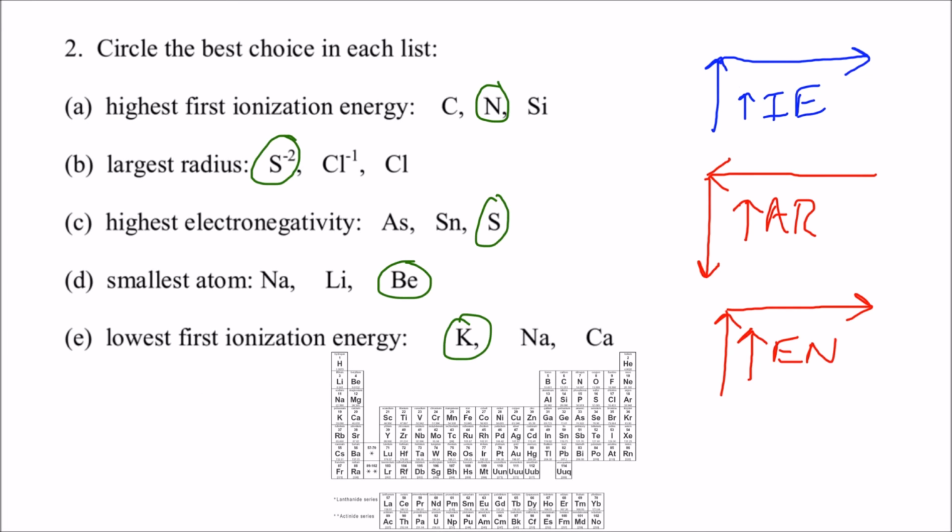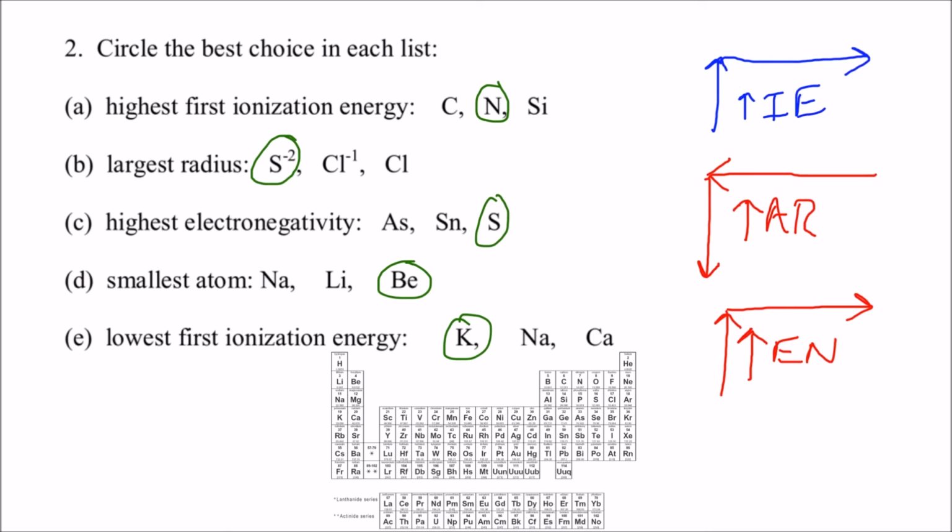Alright, here's what I've come up with. I did the trends here for increasing ionization energy, increasing atomic radius, and increasing electronegativity, because that's what the first 3 things were. So the highest first ionization energy, meaning how much effort it would require to remove the first electron from an element.